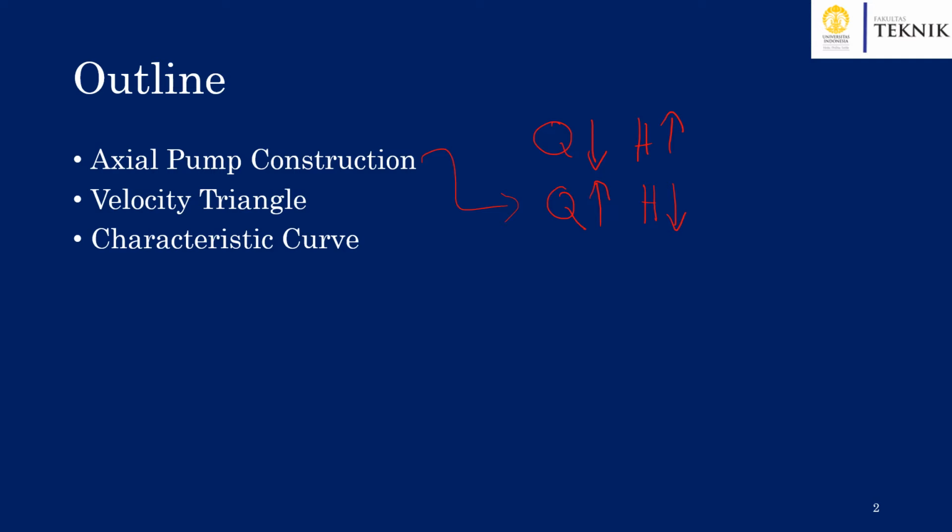Normally an axial pump can work in a range of up to 20 meters in terms of head, and we can find axial pumps in some engineering applications such as in shipyard construction, and also in wastewater treatment.